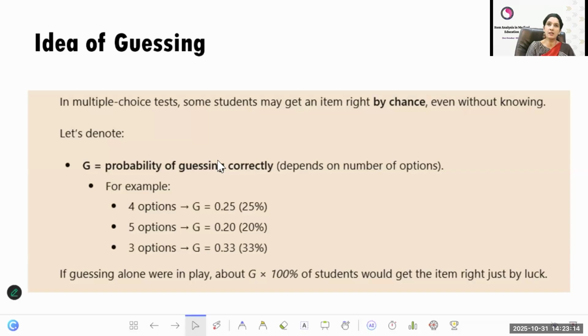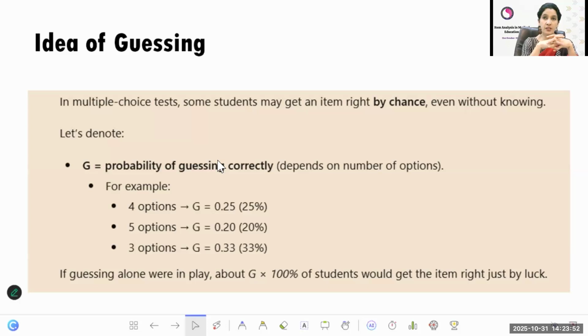Coming back to the difficulty index, consider the idea of guessing. If there are 4 options, even if students mark by chance, just by luck, there is a 25% probability that a student will mark correctly. Similarly, if there are 5 options, there is a 20% probability that the student will be right even by guessing.